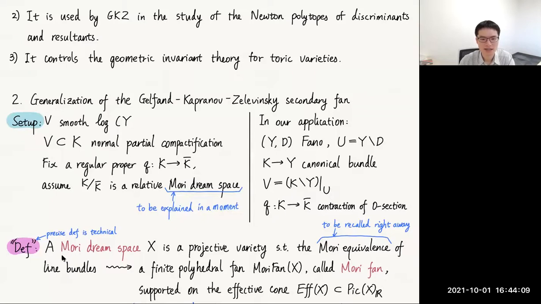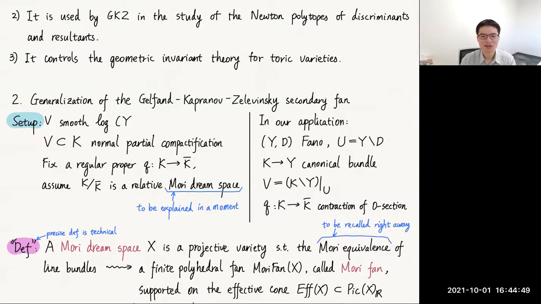So the idea is that a Mori dream space is a projective variety such that the Mori equivalence of line bundles gives rise to a finite polyhedral fan called the Mori fan. I will recall right away what the Mori equivalence relation of line bundles is. When we have this equivalence relation, we get a partition of the effective cone inside the Picard vector space.